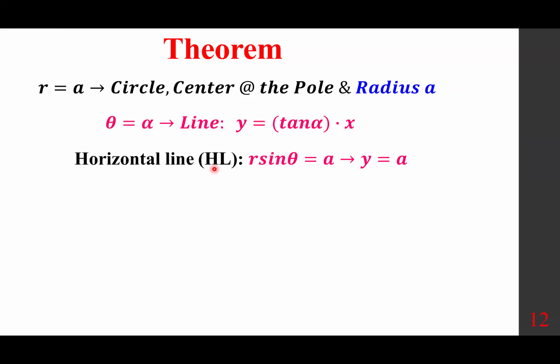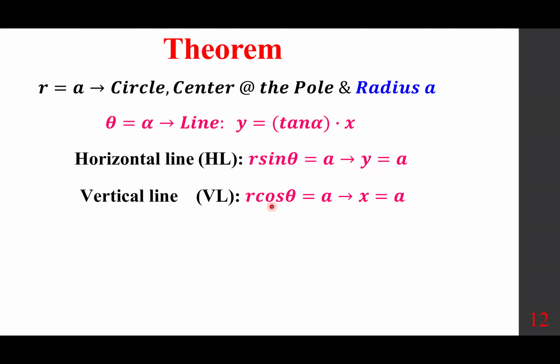Horizontal line, HL for short, r sine theta equals a constant, gives rise to the horizontal line y equals a. Vertical line, VL for short. r cosine theta equals a constant. a is a number.